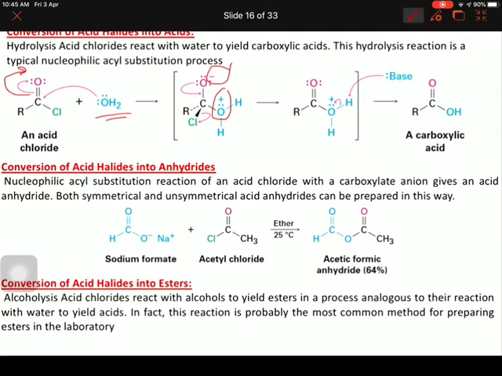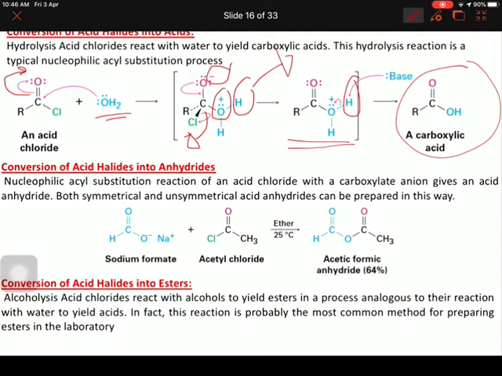Then a hydrogen is taken by base, and the chloride should be removed because there are five bonds on the carbon, and chloride is a good leaving group, so it's easy to take it out. Then we will get this compound as an intermediate. After that, by taking the hydrogen by base, we will get the carboxylic acid.